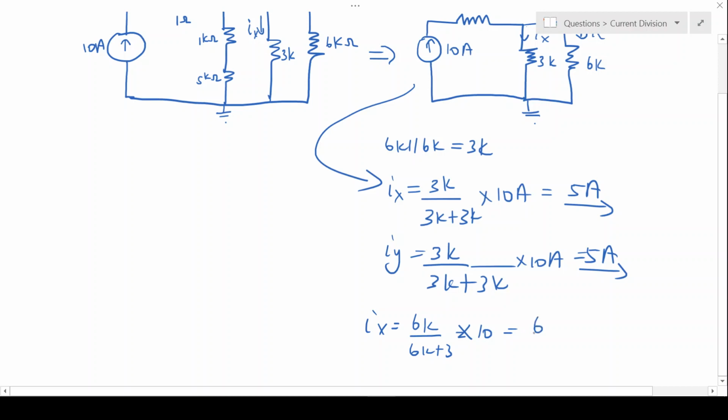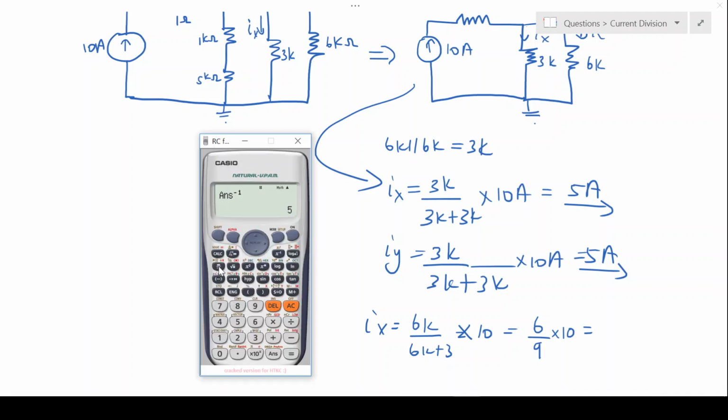So that would have been 6 over 9 times 10, which would have given us a value of 6.66 amps.